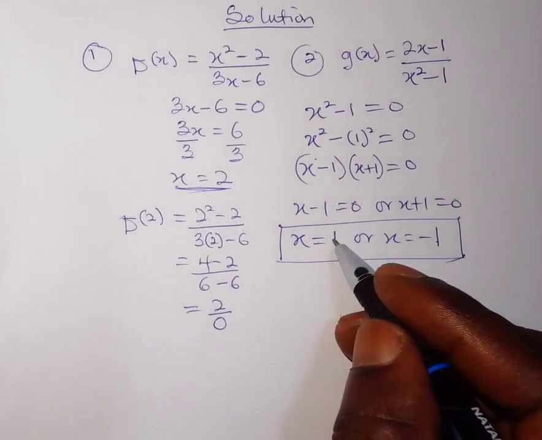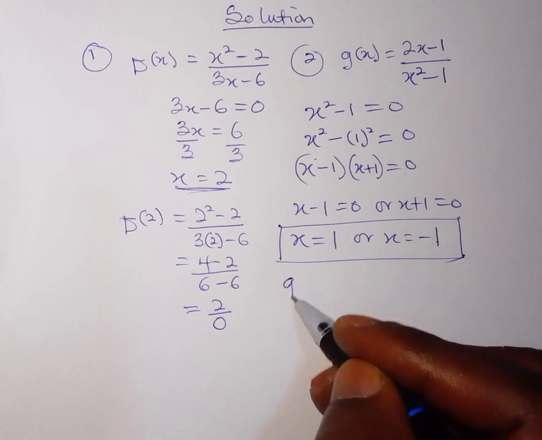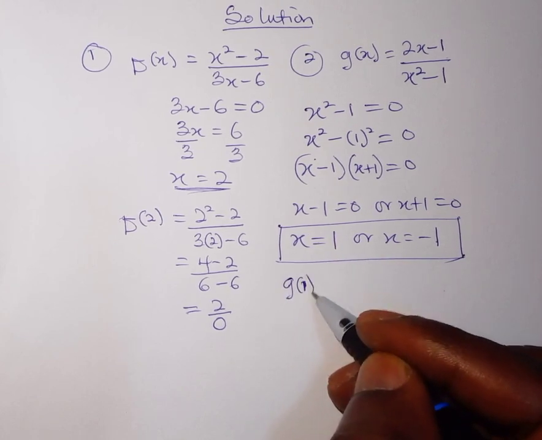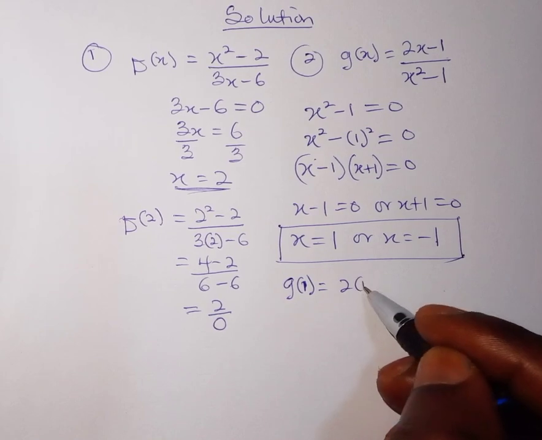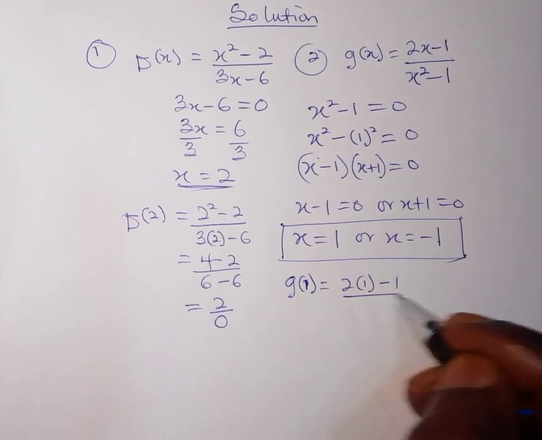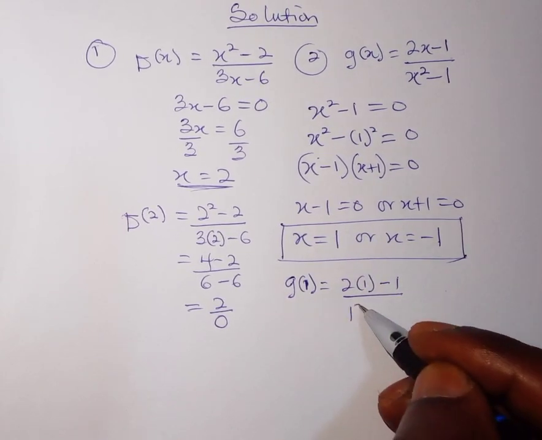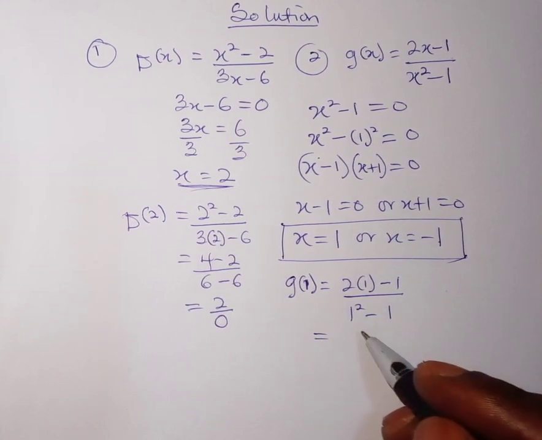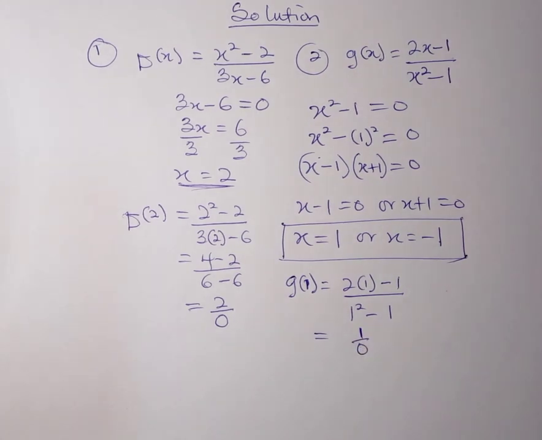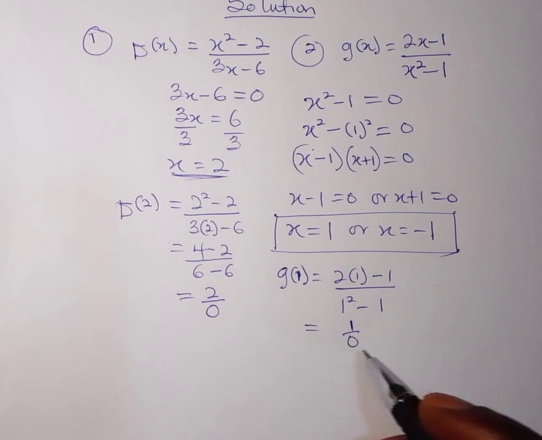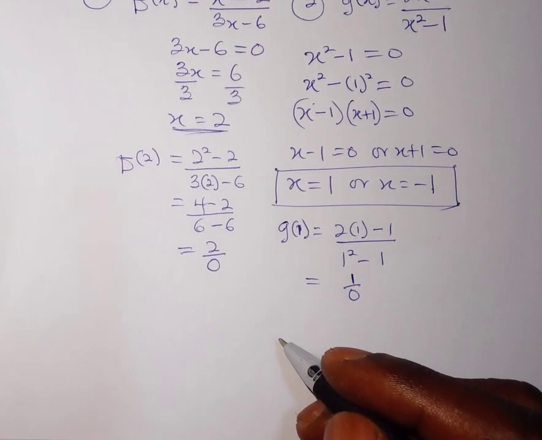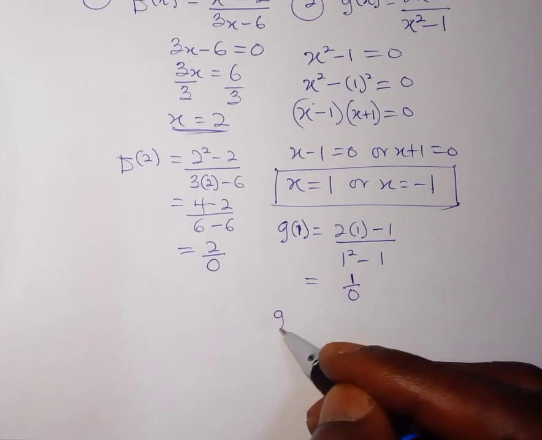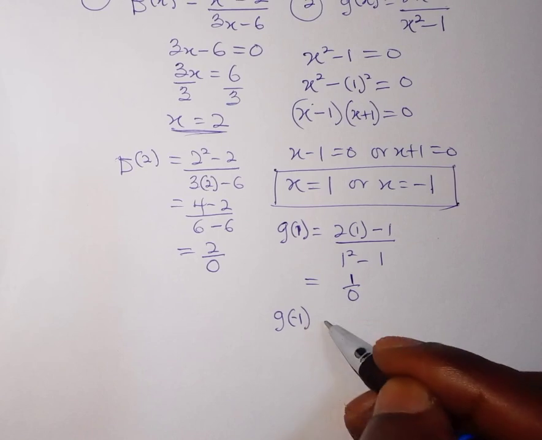So I'm going to substitute 1 first. Then g at 1 is going to be 2 multiplying 1 minus 1 divided by 1 squared minus 1. And this gives me 1 divided by 0, which makes it undefined. Let me also substitute negative 1 and see.